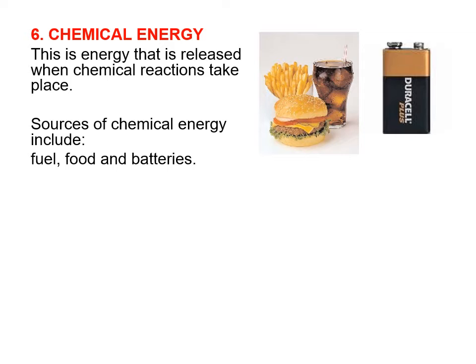Say you're eating a Big Mac, your body breaks it down into chemicals, and that's actually a chemical reaction that releases energy. The battery that we used for the example of electrical energy is also an example of a chemical reaction that releases chemical energy, which is then transferred or changed into electrical energy.